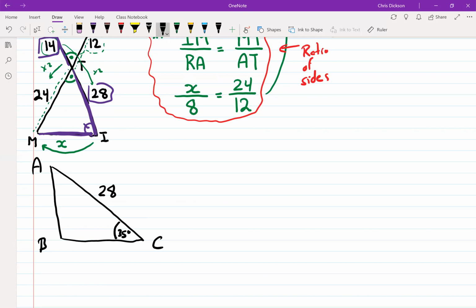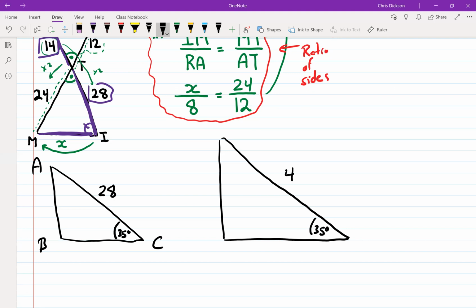And down here you have another triangle that's a bit bigger maybe. And this is 35 degrees. And this side up here is 42, okay? And down here, this side's 33, okay?